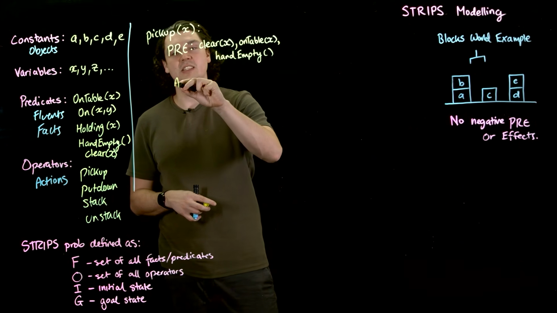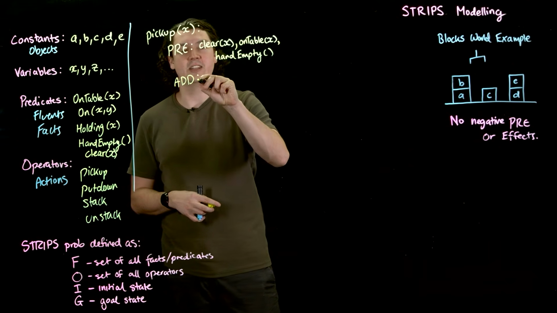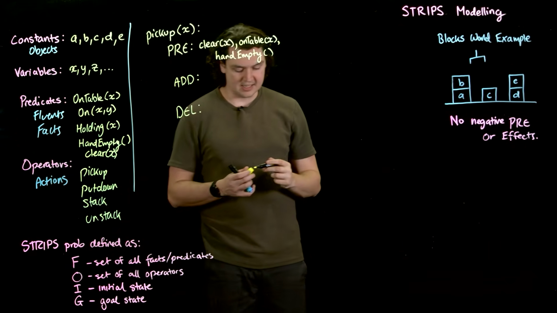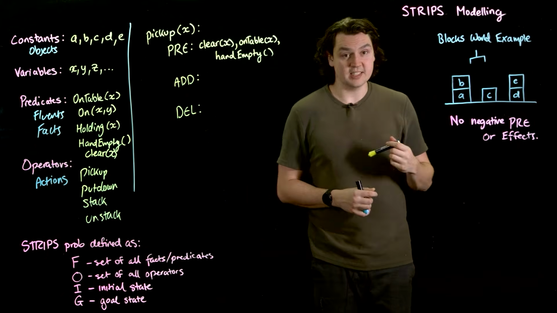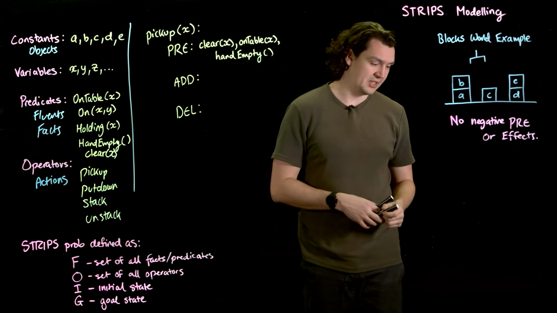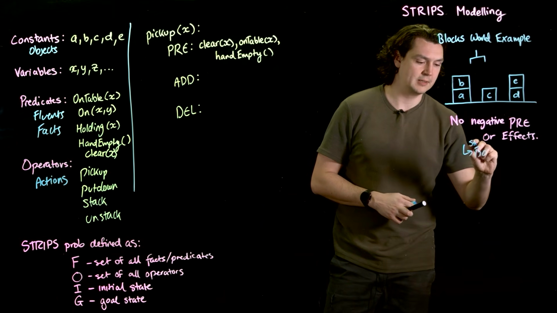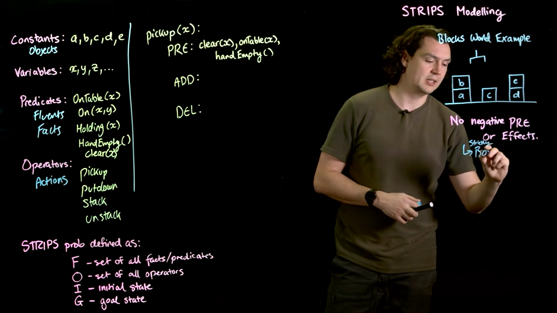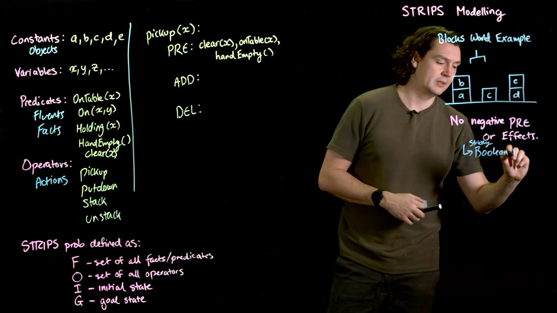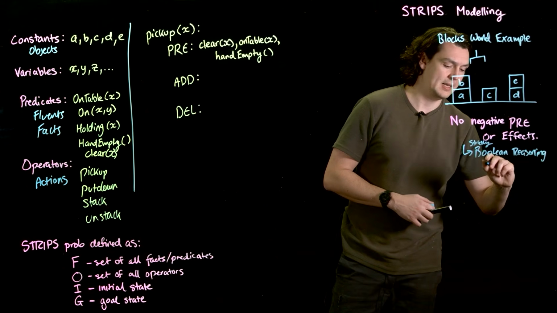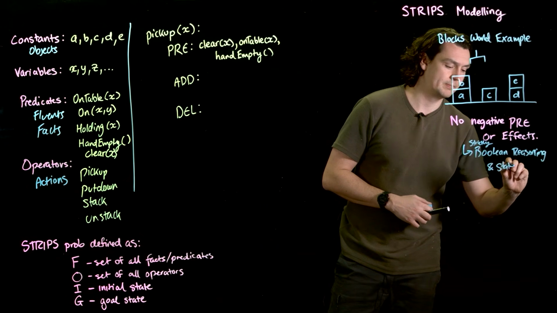But effects in STRIPS are a little bit more complicated because we describe them in terms of an add and a delete. This is again based on the idea of this strictly Boolean reasoning and state description.